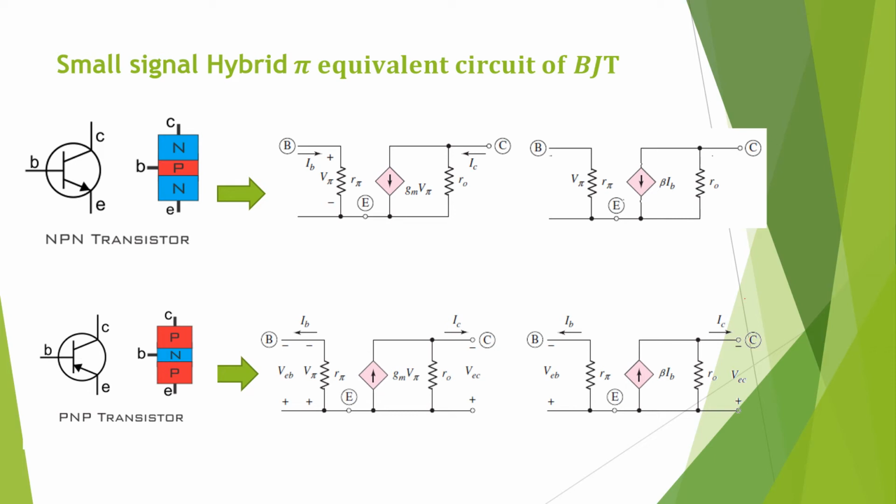So here we are also going to use the equivalent model. That model is called the hybrid pi model. Many models are available, but the hybrid pi model is very simple for analyzing the BJT. The first one is the NPN transistor. We all know that we have three terminals: base, collector and emitter.